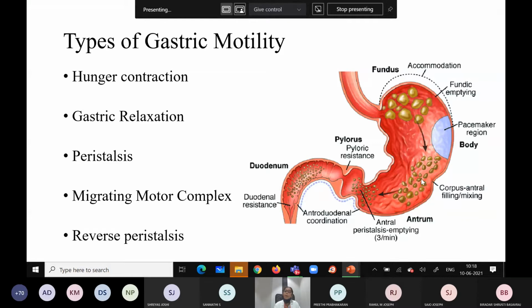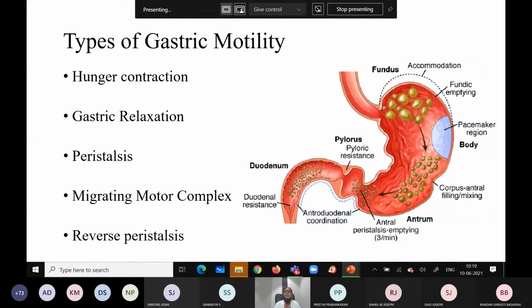So here the wave of contraction is preceded by a wave of relaxation, and that is called peristaltic movement. This begins mostly in the lower part of the body or antral region. Peristaltic movements occur in the antral region and help maximally in the mixing and grinding of the food particles.